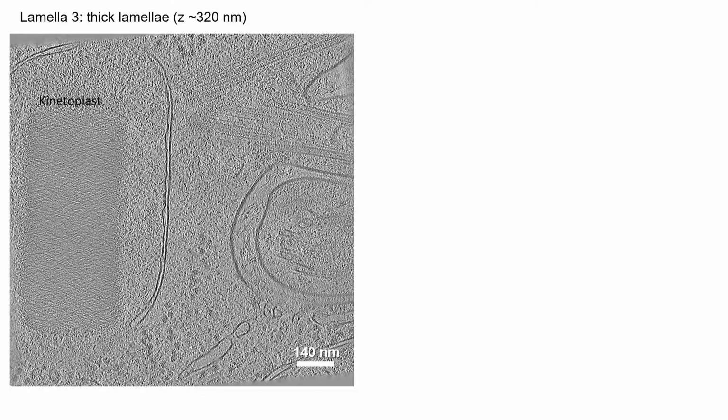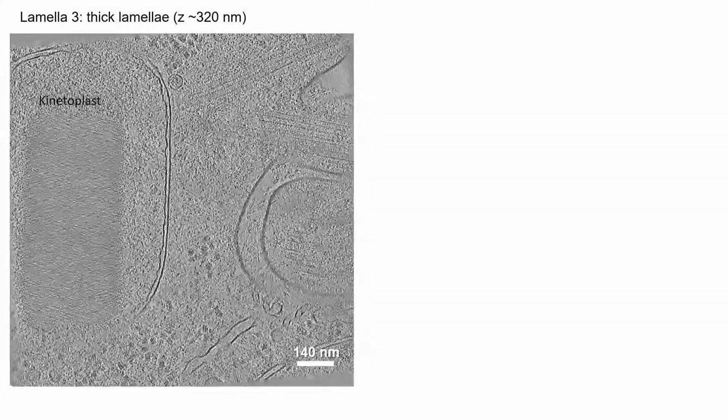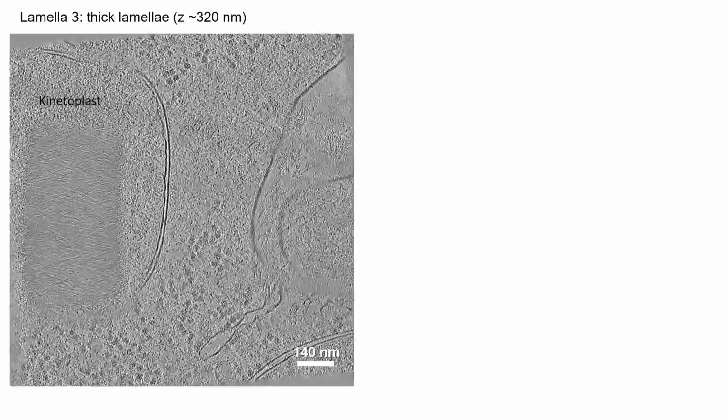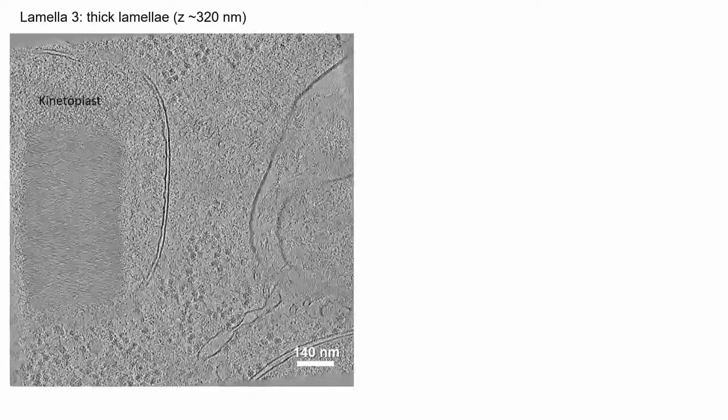So we have here another tomogram. We can see the kDNA, so this is the DNA, the mitochondrial DNA. Here the region of the flagellar pocket, the flagellum, and the region between these two structures.